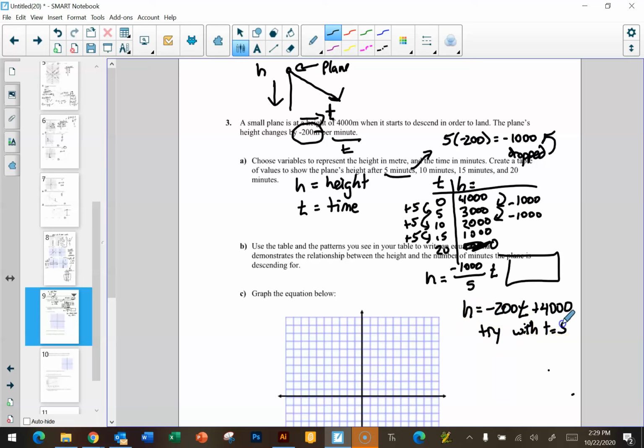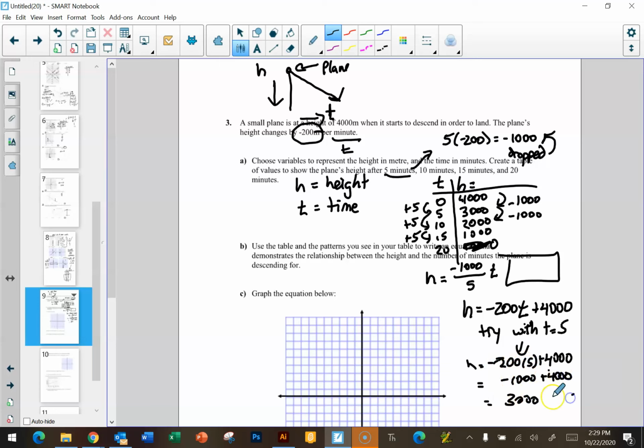When we try it with t equals 5, we've got h equals negative 200 times 5 plus 4,000. We're just testing our equation here. Negative 200 times 5 is negative 1,000, plus 4,000 equals 3,000.